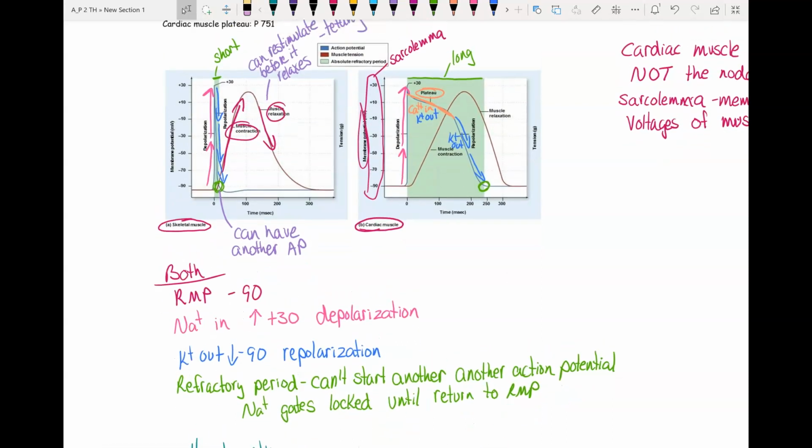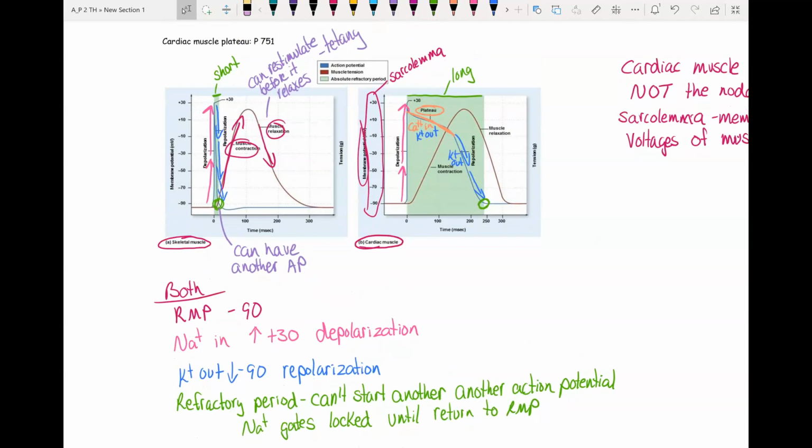Now look at the heart. Here is relaxation. Notice the muscle is already relaxing within the refractory period. Down here is where you can stimulate it again. And by the time you can stimulate it again, it's already relaxed.